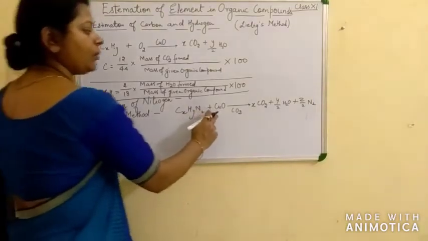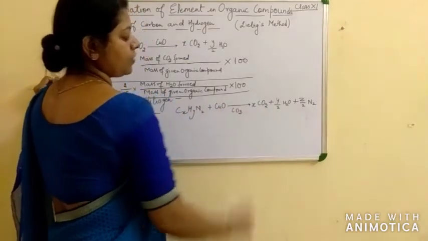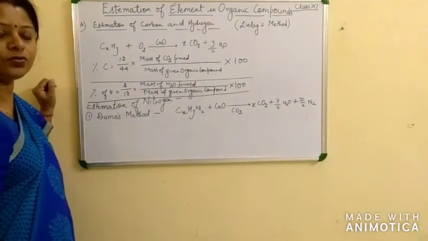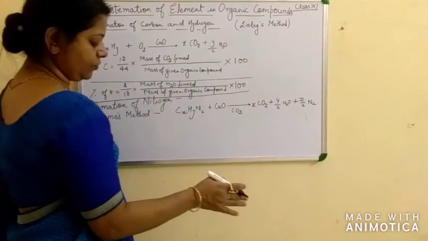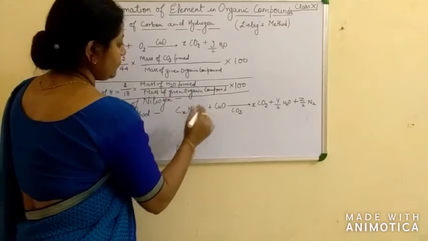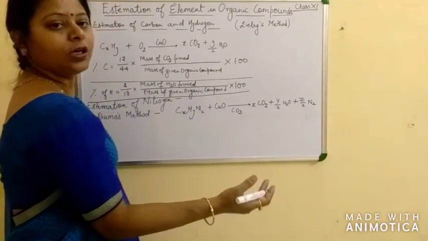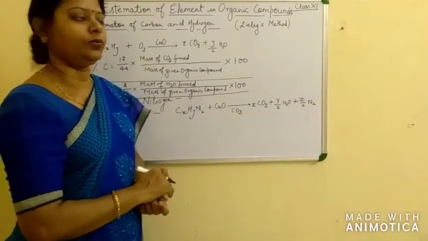Because here copper oxide is reduced, we get some traces of copper and some oxides of nitrogen also. If we get the oxides of nitrogen, they are again treated with copper traces, and the oxides of nitrogen are reduced into nitrogen.